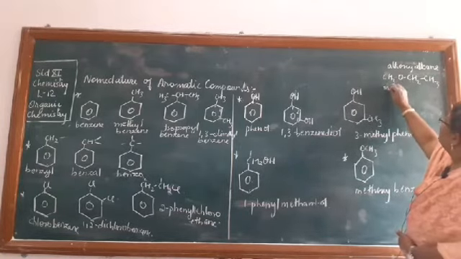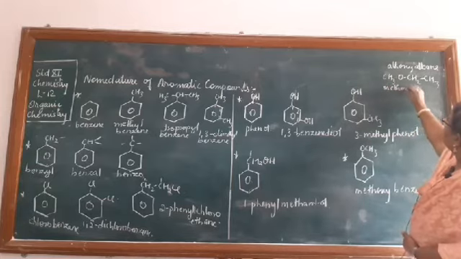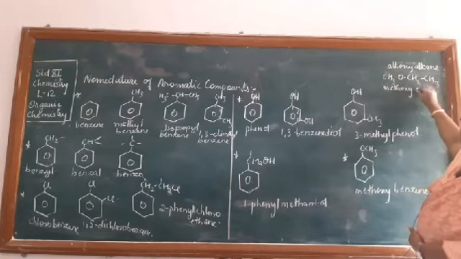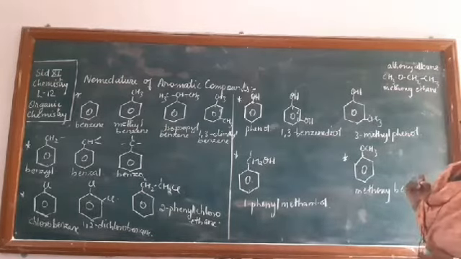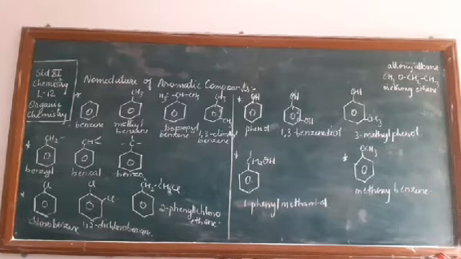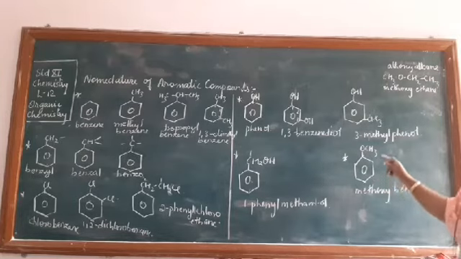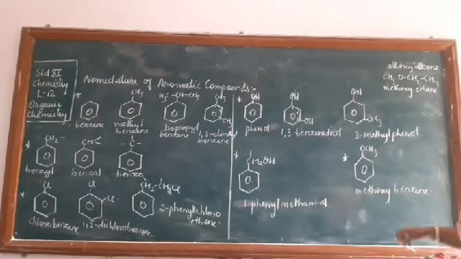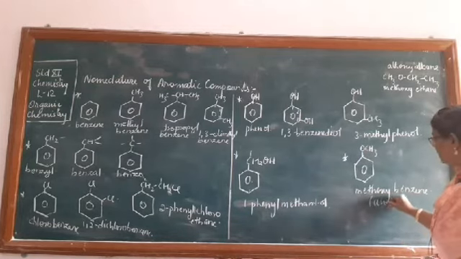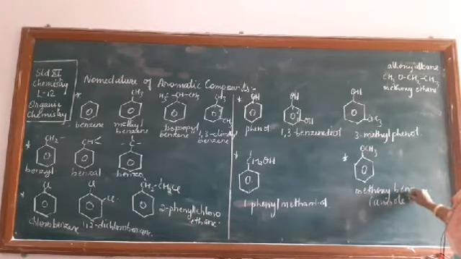So the name of this compound will be methoxyethane, because there are 2 carbons here. Similarly here benzene is the bigger chain with more carbon, so this will be methoxybenzene. Its other name is anisole; we call it anisole.